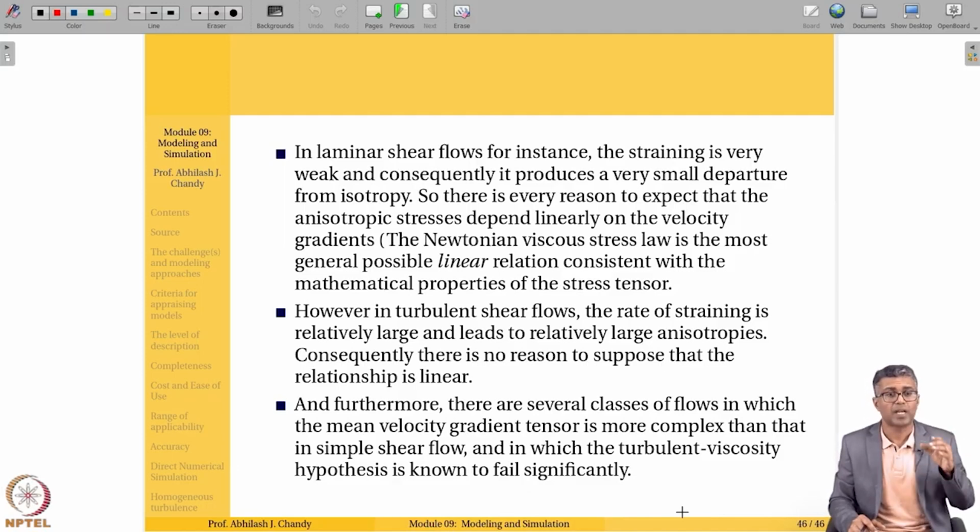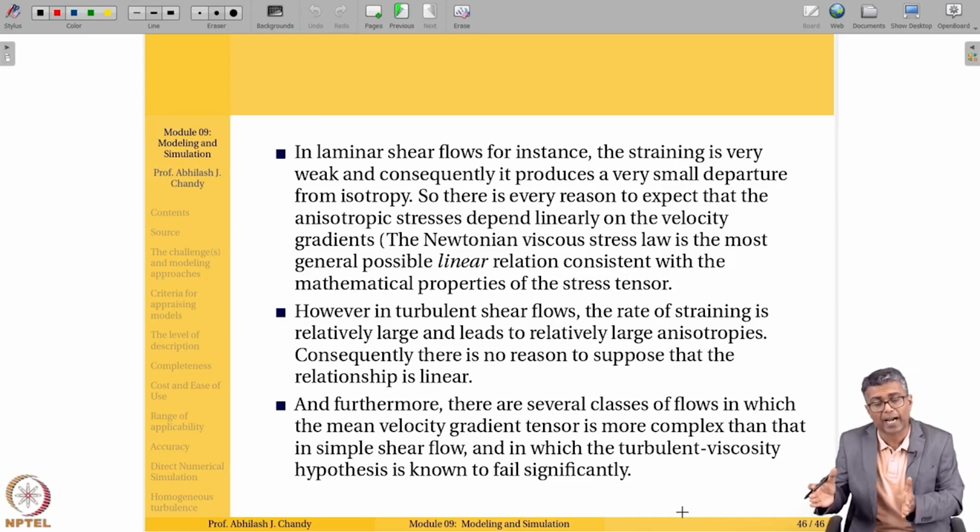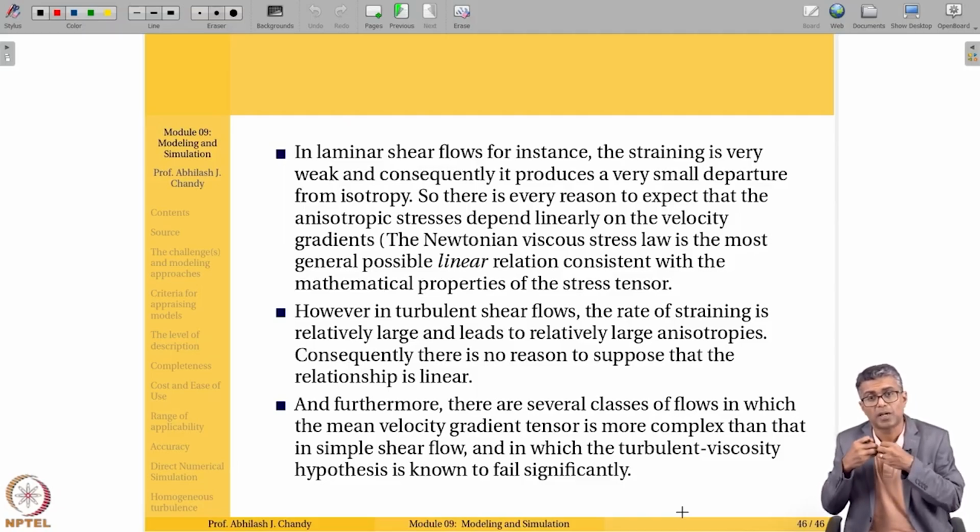What we have done in this module is look at the challenges and modeling approaches. We looked at the different criteria for appraising a model. Then we moved on to direct numerical simulation and saw the cost associated with a fully accurate DNS, and where most of our cost is spent.